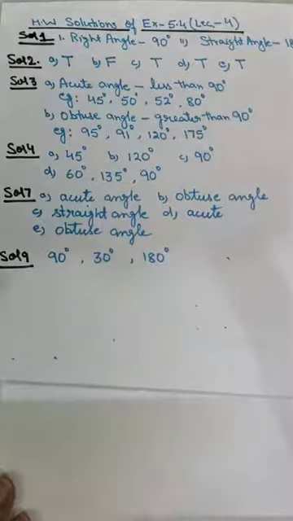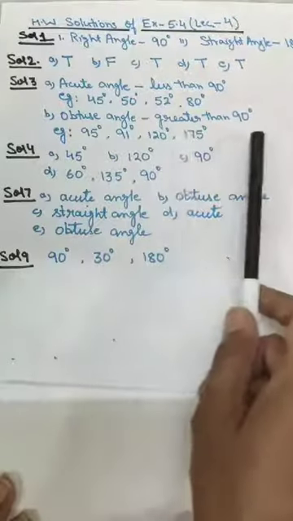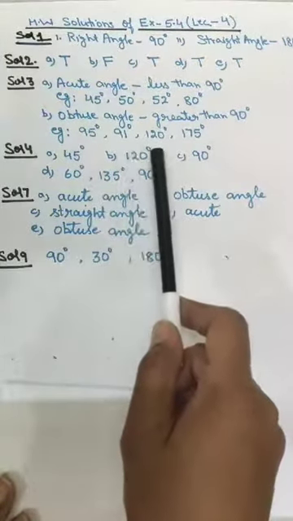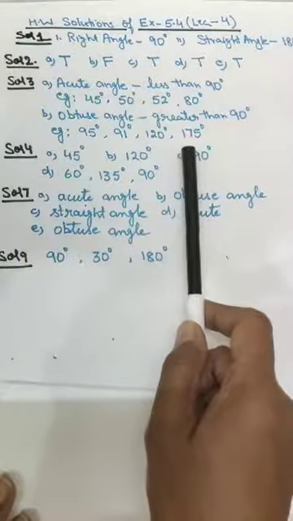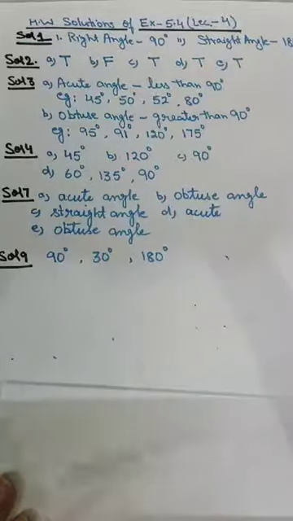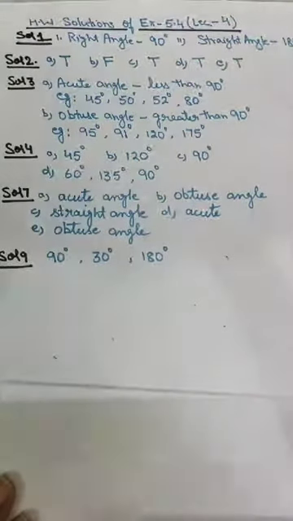These all are acute angles. Obtuse angle is greater than 90 degree: 95 degree, 91 degree, 120 degree, 175 degree, 179 degree. That is less than 180 degree but greater than 90 degree. So, these are obtuse angles.